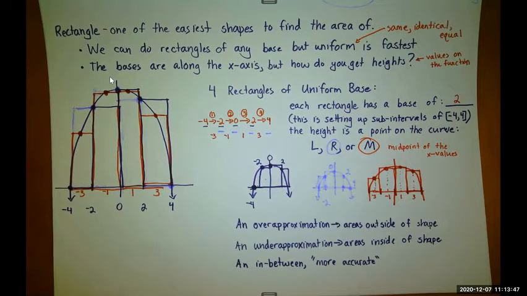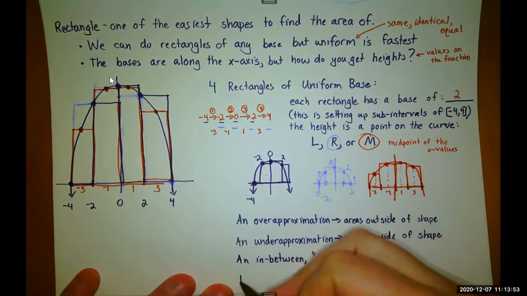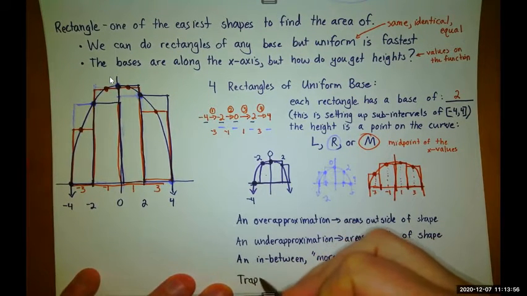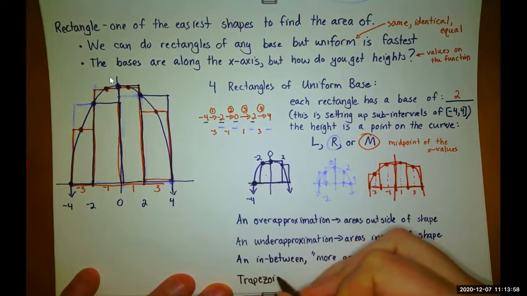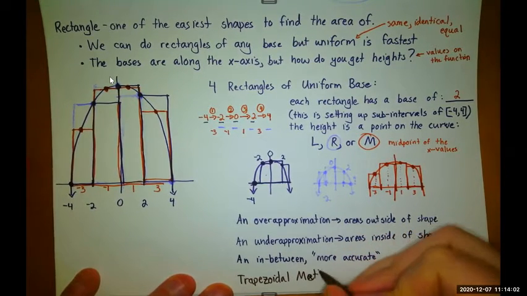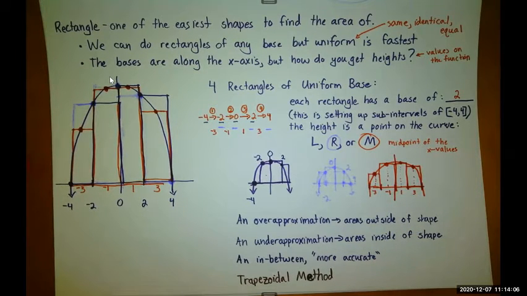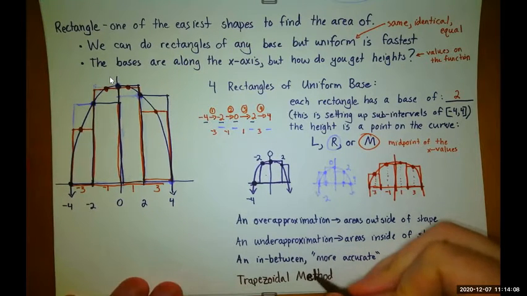And there's an even more accurate representation than these that are typically used, but it doesn't quite fit in with what we're doing. And it's a trapezoid, a trapezoidal method. I just tried to spell the word method as math, method. Here I am making up words.